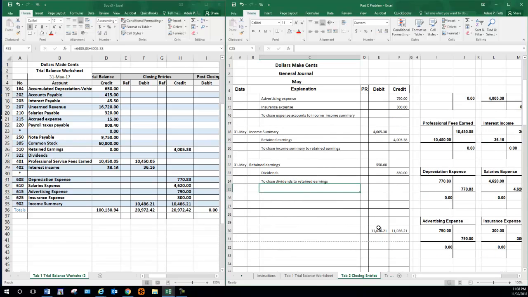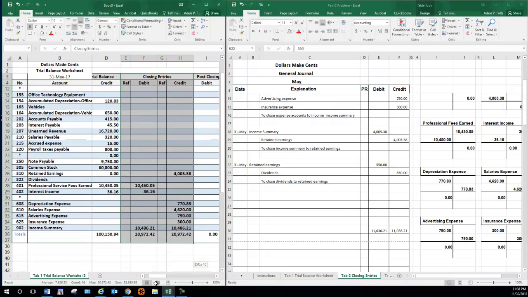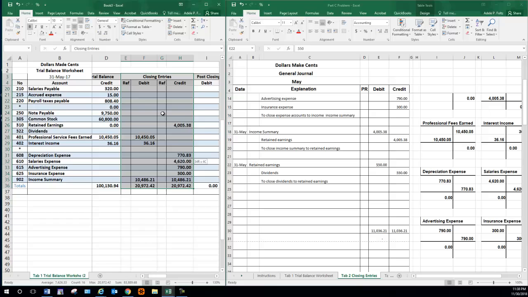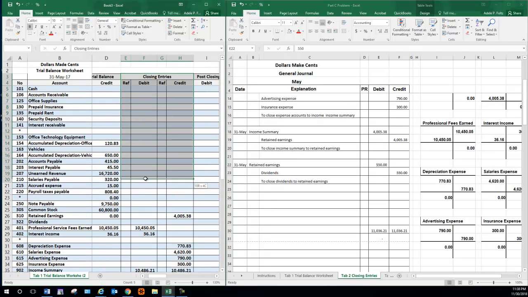Let's just make sure we balance down here. Looks like we do, so that's good. We have not posted this entry yet on our trial balance, so let's do that. We were debiting retained earnings, so here's retained earnings, and here's my close. This says closing entries here. These columns are simply for my closing entries. Notice there's nothing up here in our permanent accounts because we don't close them, so there are no entries that go up there.